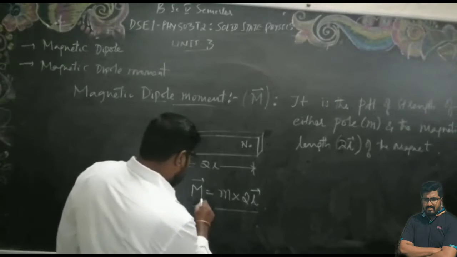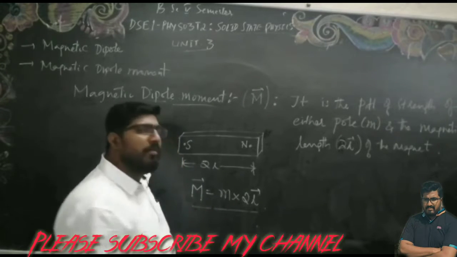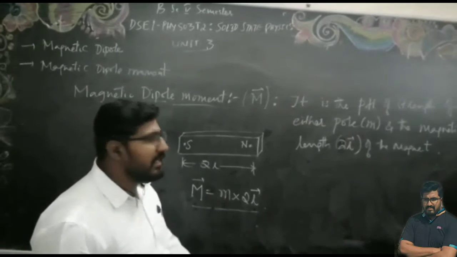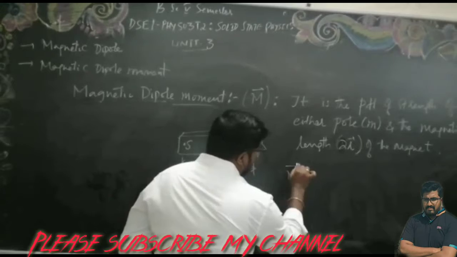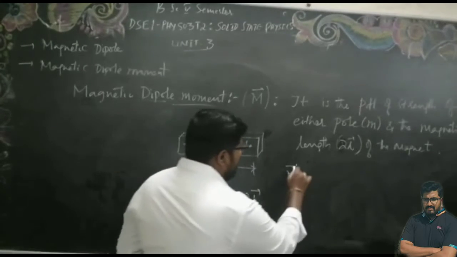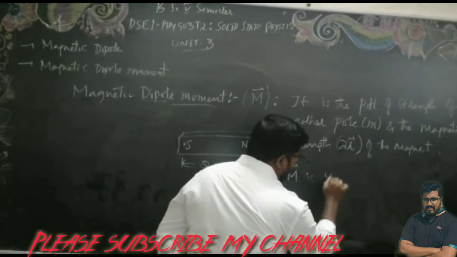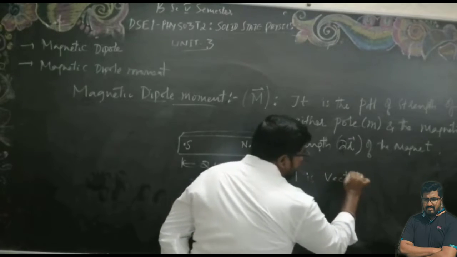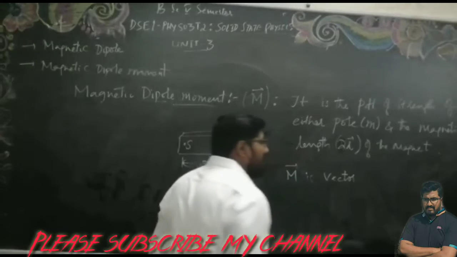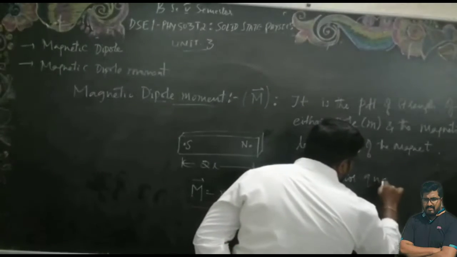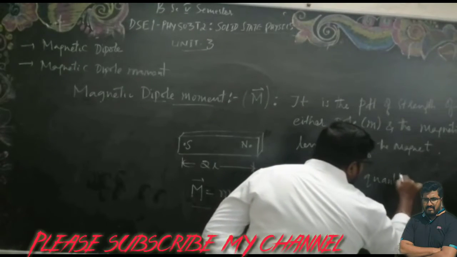That means this is our magnetic dipole moment. And what is the magnetic dipole moment, whether a vector quantity or a scalar quantity? Actually, the magnetic dipole moment is a vector quantity because it tells us the magnitude as well as the direction. Therefore, this is our vector quantity. And what is the direction?